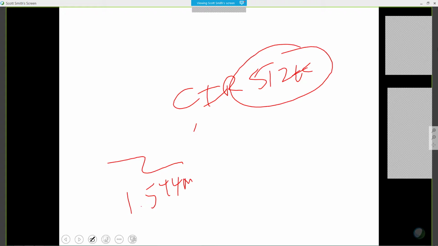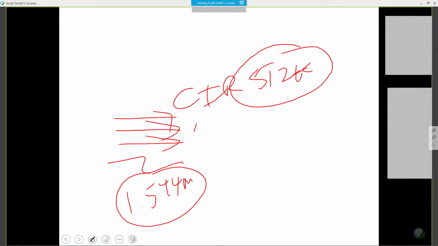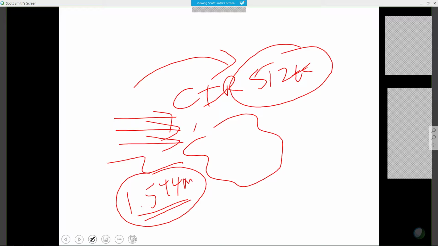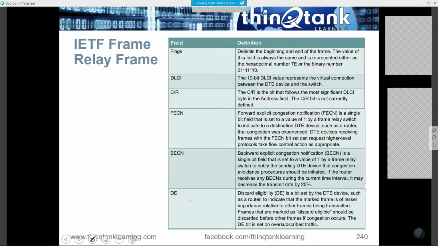So you start sending out your data at a max bandwidth of 1.5 megs. As long as the frame relay cloud is not congested, that goes through, and they charge you a premium. But as soon as that cloud gets congested, you get throttled down to 512K, and anything above 512K gets marked discard eligible. And the frame relay provider has the ability to delete or drop those frames. That's what discard eligible means.